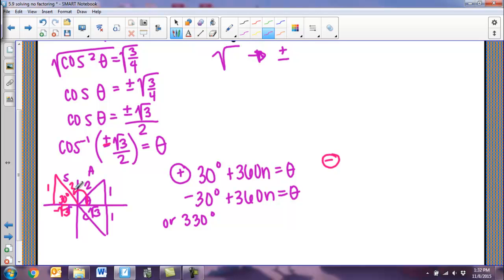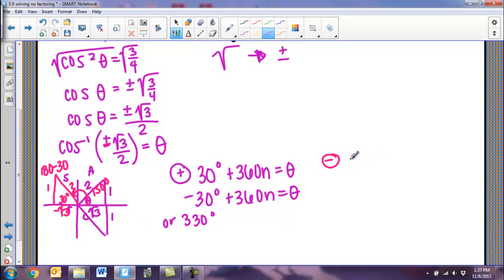However, remember, you have to find in quadrant 2 the entire angle. If I went from 0 all the way over here until I got a 30-degree reference angle, that would get me 150. There are a couple ways to do that. You could take 180 minus 30, or you can think about how many more degrees you have to go to get to 180.